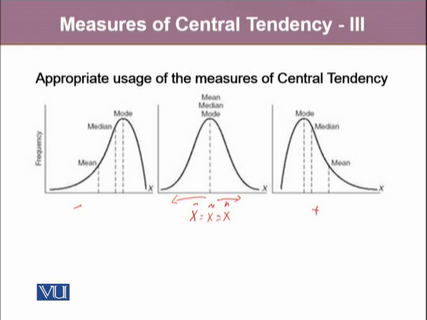As we see in the positively skewed data, there are few values which are away from the most frequent value. And since there is a frequency on the y-axis in all three frequency curves, we can see that wherever the peak comes, these values are going to be the mode.